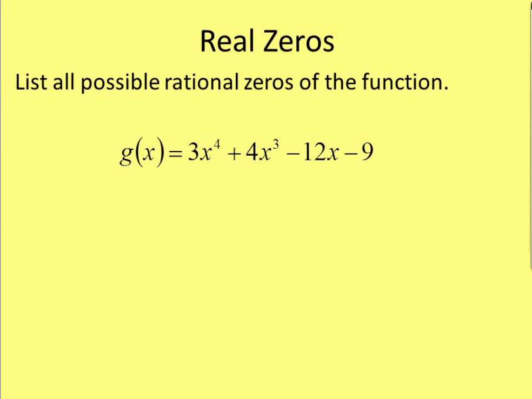If we do this again, remember our p value is the constant. Our q value is the value in front of our leading coefficient. It's the number in front of our largest exponent.